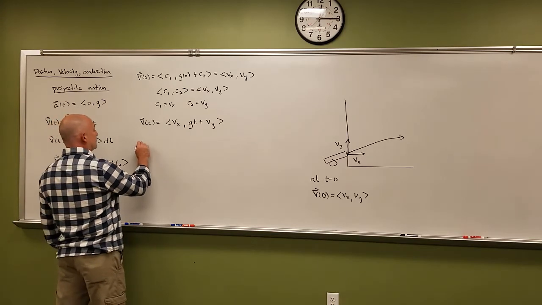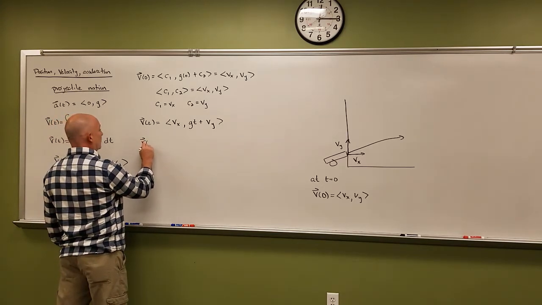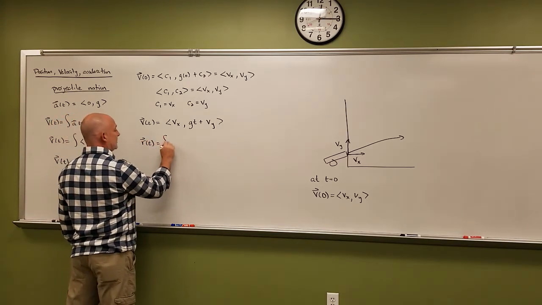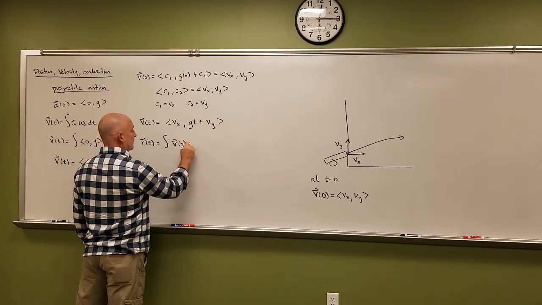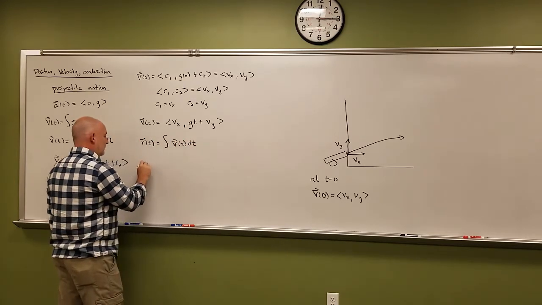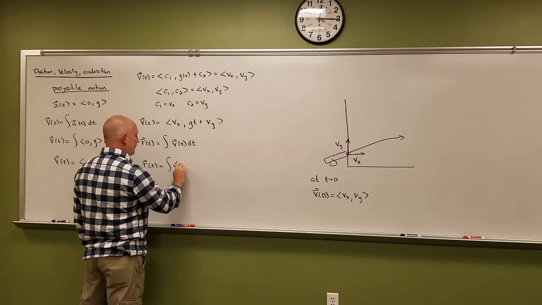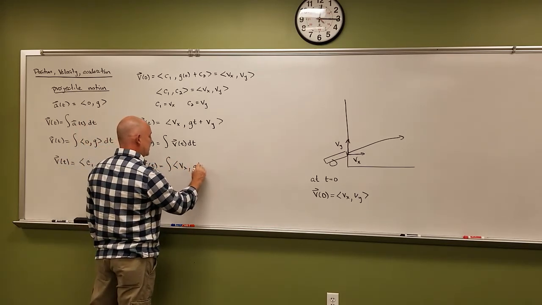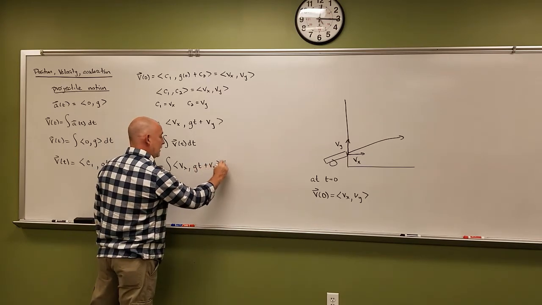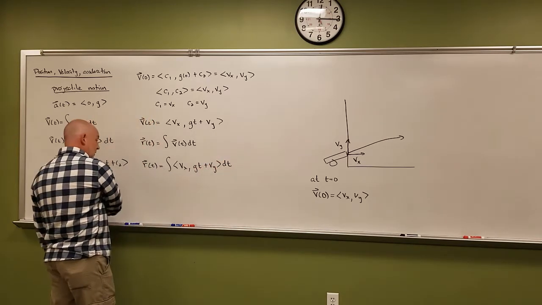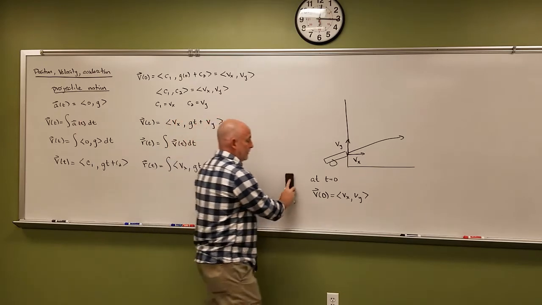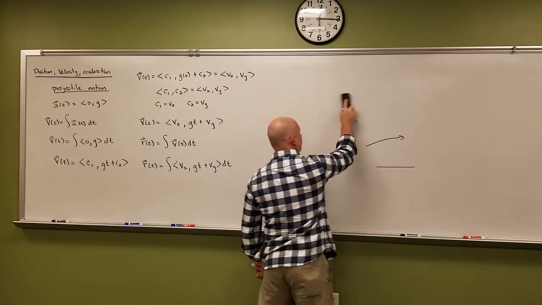Well, to get to our position function, our r of t, is just going to be the integral of that. So r of t will be the integral of v sub x comma gt plus v sub y dt. All right, I'm about to draw this picture again, but let me go ahead and get this out of here real quick. It's in my way.